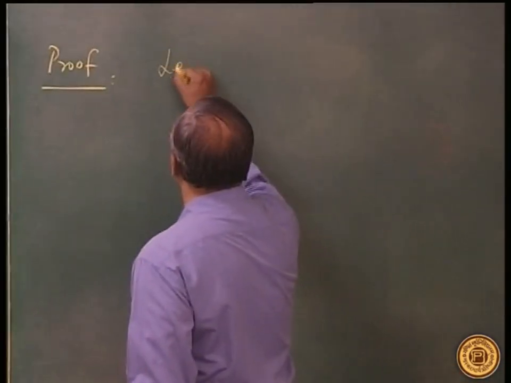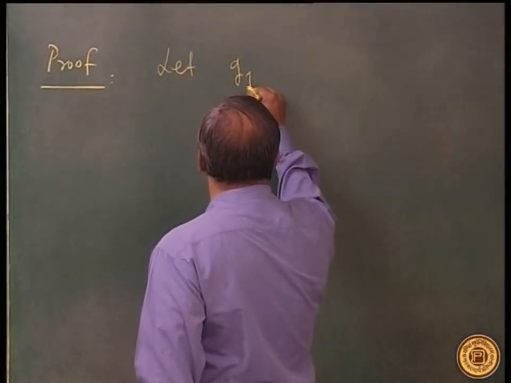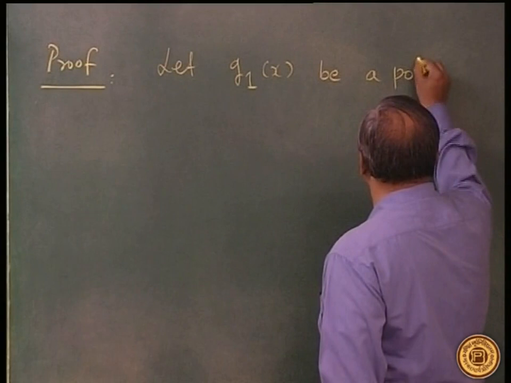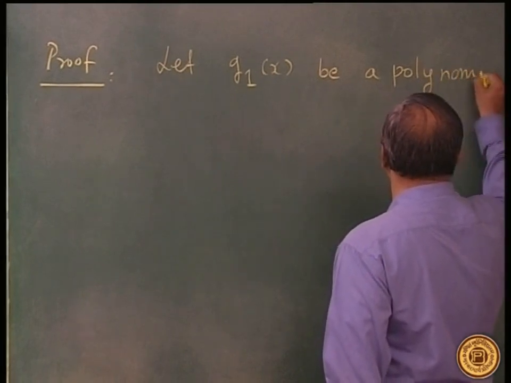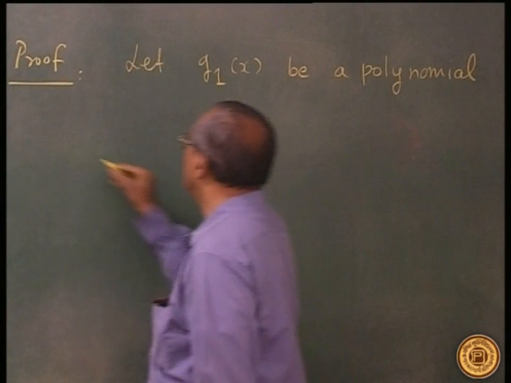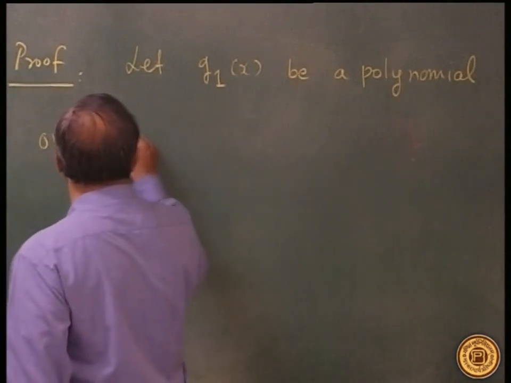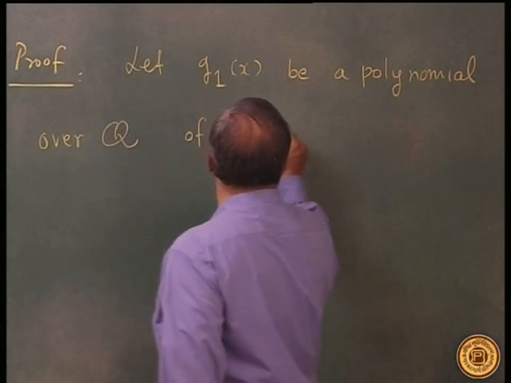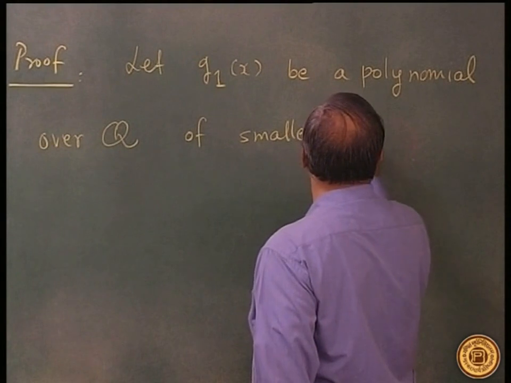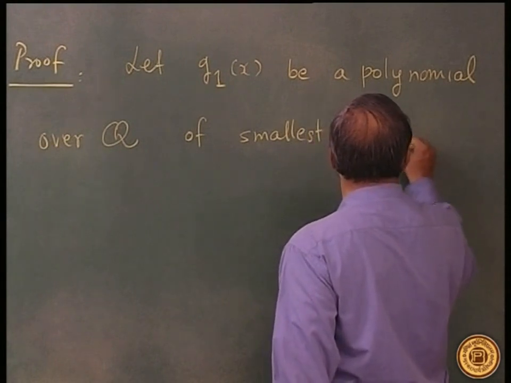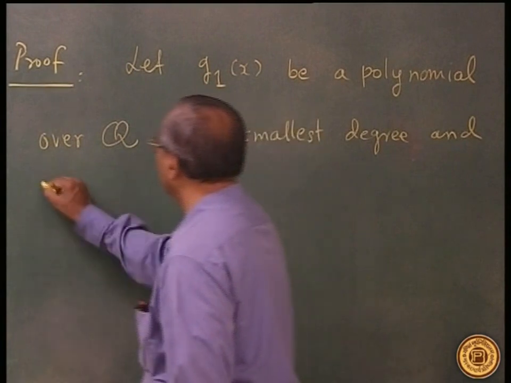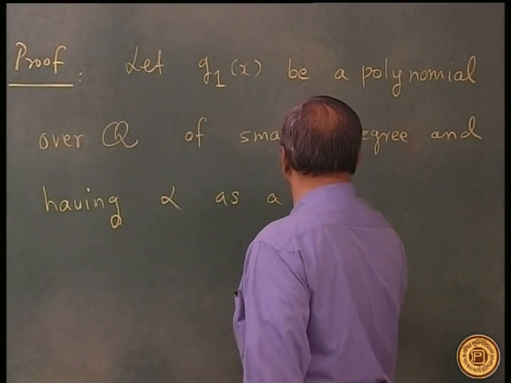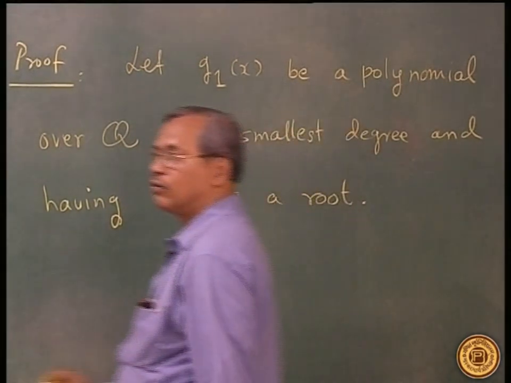So let G1(x) be a polynomial over Q of smallest degree and having alpha as a root.